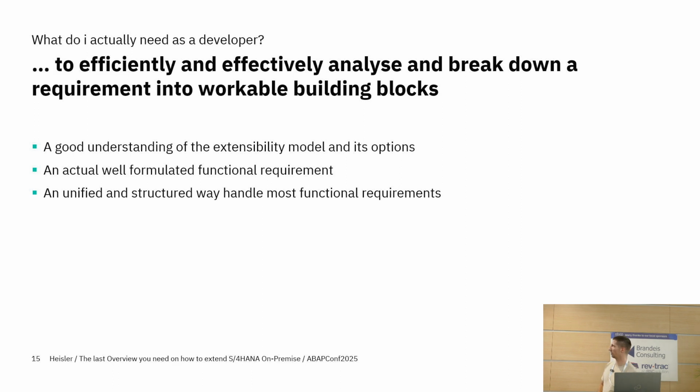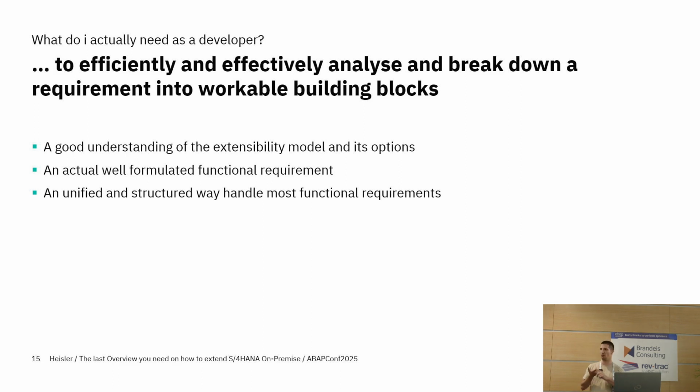The last one, something that is missing in my opinion in most cases, a somewhat unified and structured way on how to handle these requirements. Right now, we try to do something like that. We have guidelines. Each company, each consultancy, we all have some kind of guideline, but they are on a very low technical level.